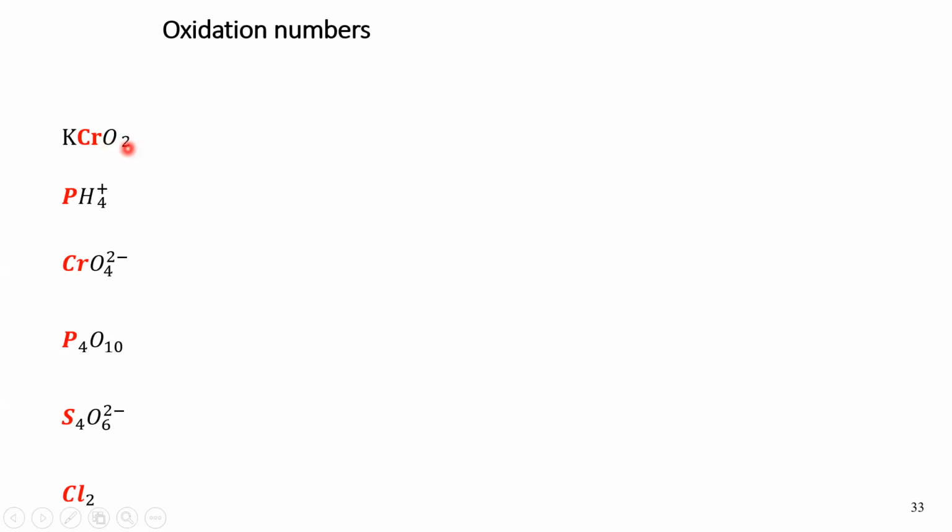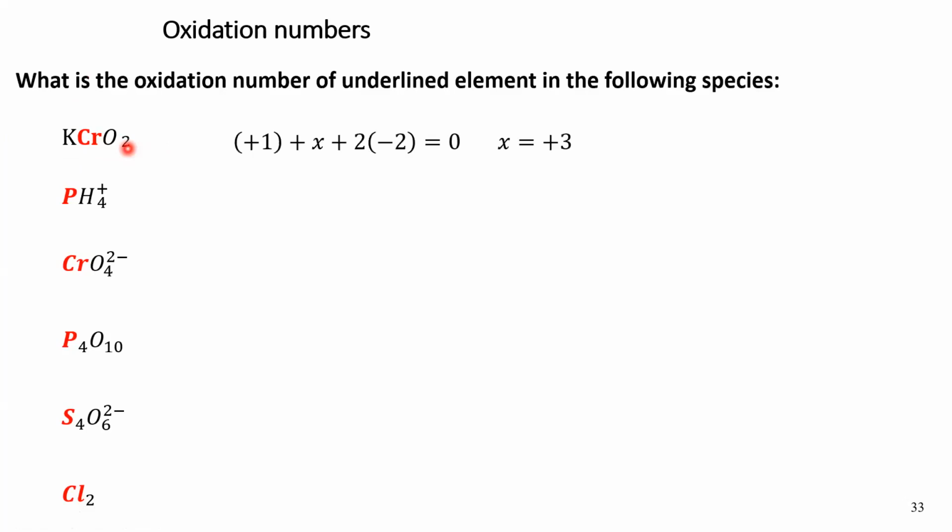So we're going to do a little bit of algebra. Potassium is a +1, and we have 1 of them. We don't know chromium, that's what we're trying to find, so we put an X. Oxygen is -2, and there are 2 of them, so 2 times -2. And the sum, since it's neutral, has to be 0.